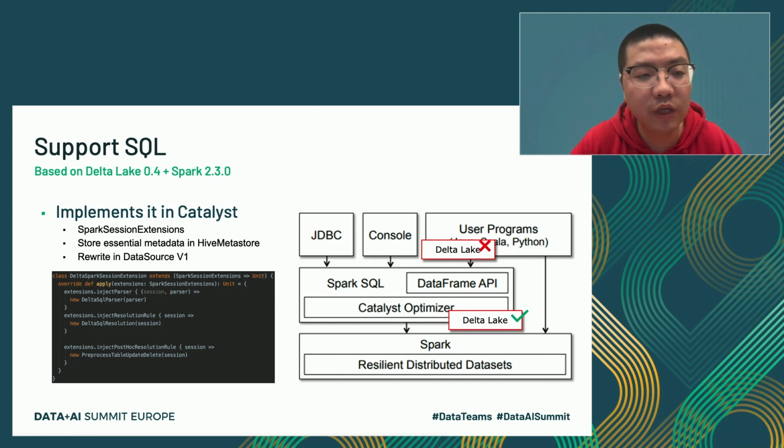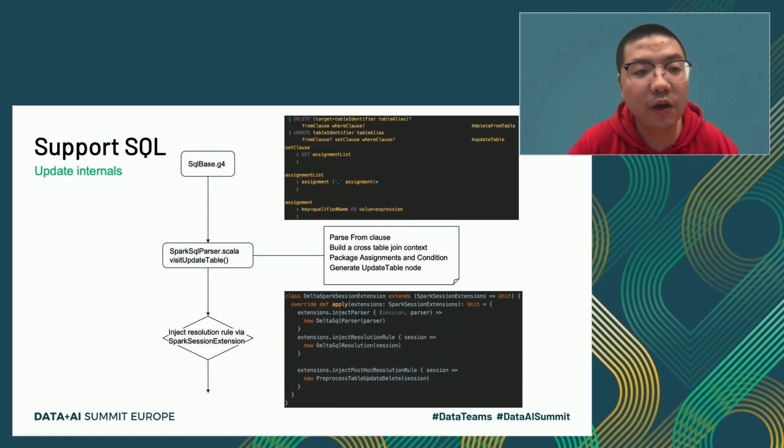And also we injected some parser rules in the Spark session extensions, and we store necessary metadata in Hive metastore. I rewrote it using data source v1. Here I will give you some basic process about the update internals, but this is not a deep dive session, so I won't go into the details.